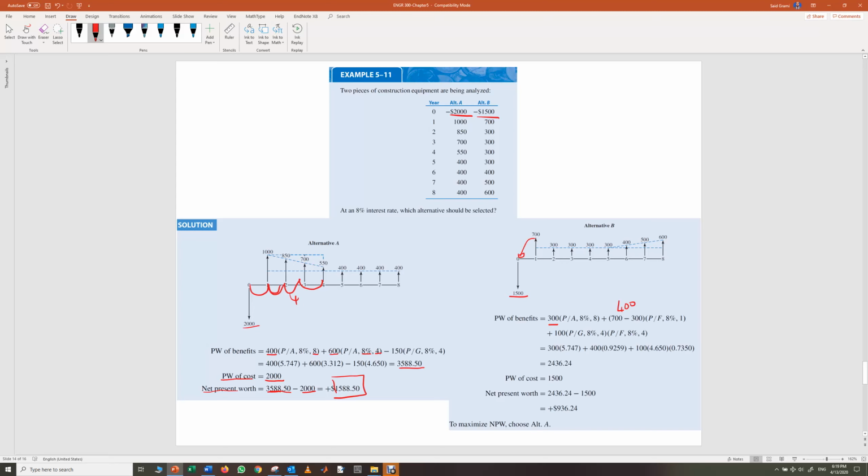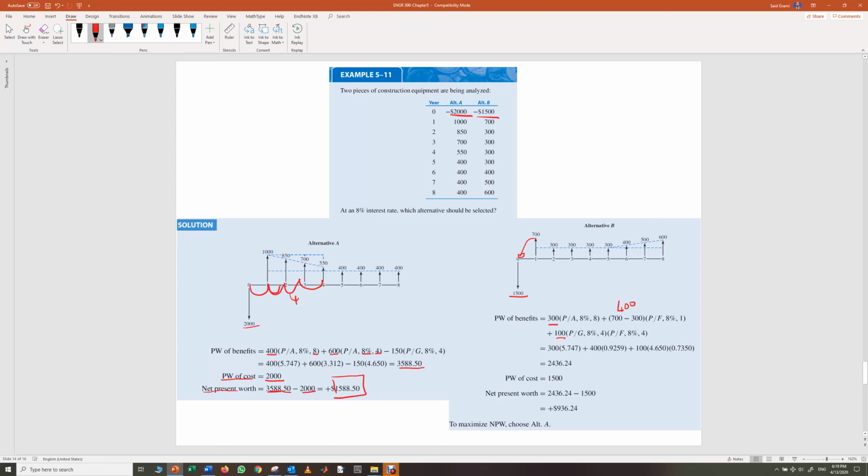We took already 300, so we get 0 here. We got 100, 200, 300. So it's an increasing gradient, so it will be 100, looking for P given G, 8%, 4 years.